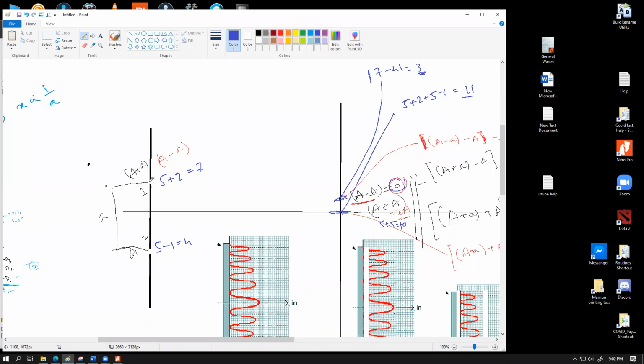For dark fringes, mismatching slit widths or unequal slit widths will always result in the dark fringes becoming brighter compared to equal slit widths, because whenever the slit widths are equal, the subtraction result gives you perfect zero, which means there is supposed to be perfect darkness.